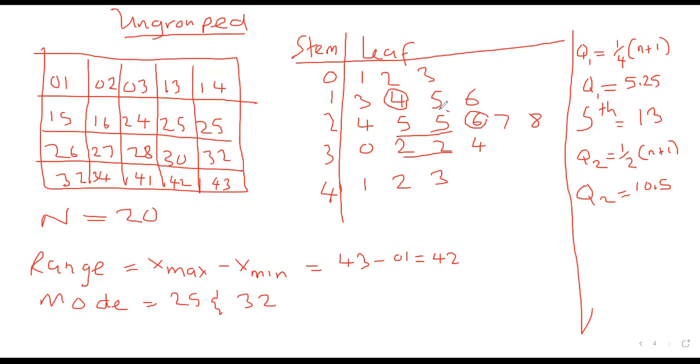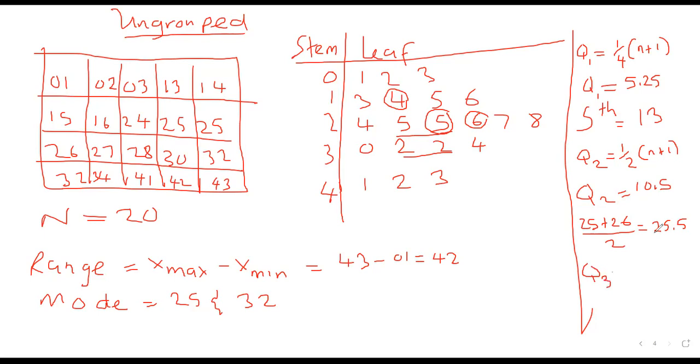This number is 25 plus 26 divided by 2, you get 25.5. That is your median or your second quartile.